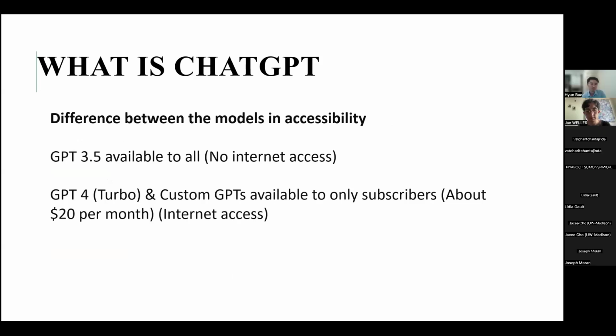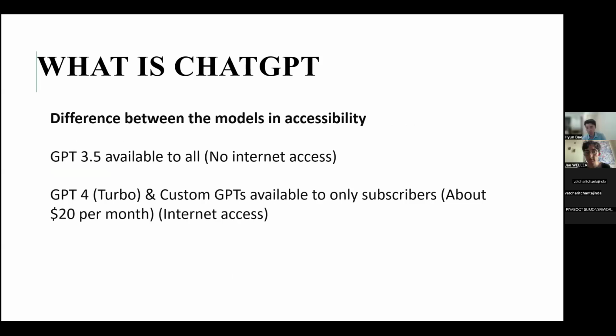So the difference between the models is in accessibility. ChatGPT 3 is accessible to everyone, and it does not have the ability to access the internet. So its information is sometimes outdated. GPT-4, which is Turbo now, and Custom GPT, these two are limited to subscribers.